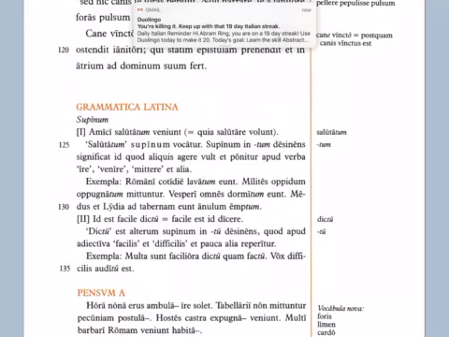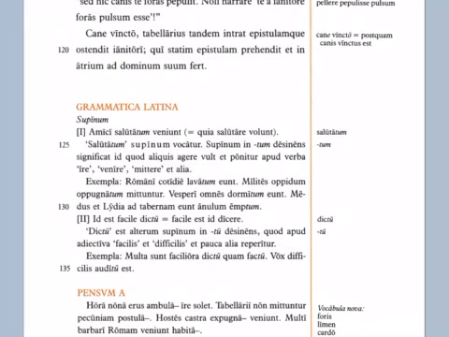So let's look into the examples I have here. So, supinum, supine. This is how we pronounce it or say the word in English. Amici salutatum veniunt, the friends come to greet. So salutare is the infinitive to greet in Latin. So you might say, well, why don't they just say amici salutare veniunt?